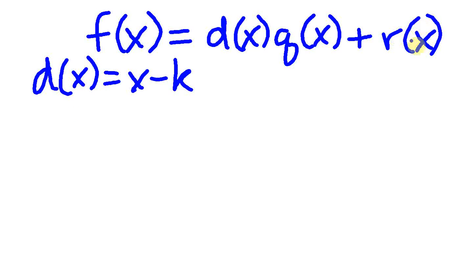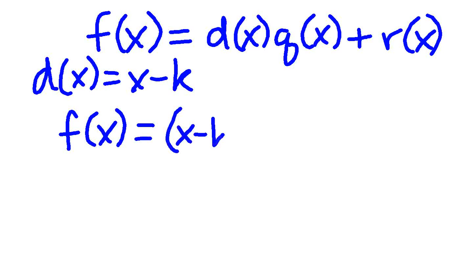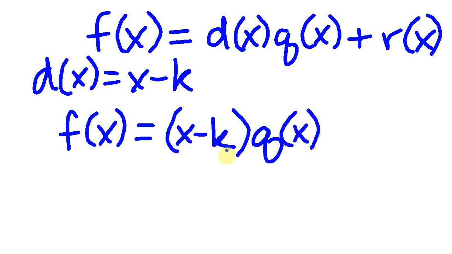It's going to be a constant term. Okay, so in the case of the remainder theorem, your division algorithm is going to look like this, where x minus k is your divisor and plus a remainder, which is just a constant term.